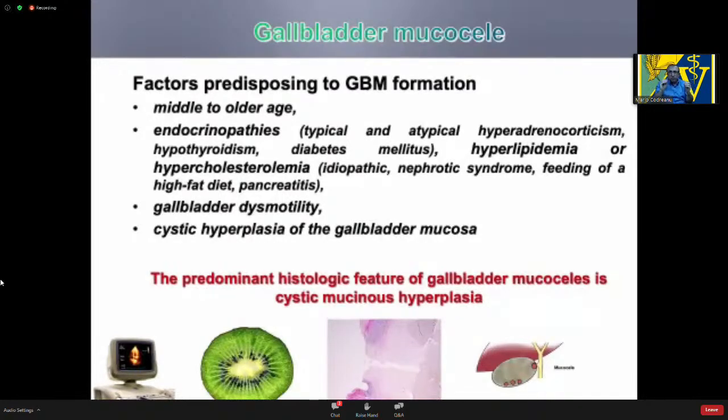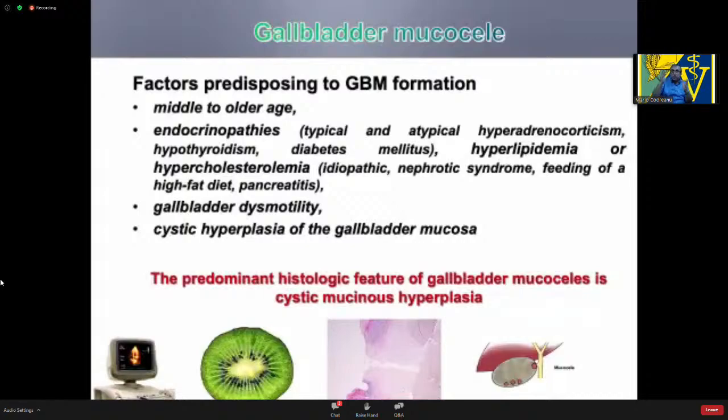Please notice and keep in mind all the time, when we see the presence of a gallbladder mucocele, check for the specific clinical signs for Cushing syndrome, for hyperadrenocorticism. Also, in very many cases of diabetes, we can register the presence of this gallbladder mucocele, which, as I told you before, can be followed in later stages by rupture of the gallbladder wall.